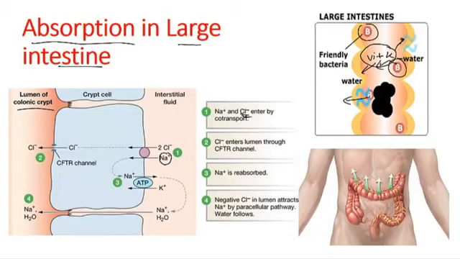Sodium is reabsorbed, and as they start to build up a lot of sodium and potassium inside the cell, it will automatically allow the water to flow back to balance the osmotic pressure. That's the whole idea of the absorption there. It's not a primary means of absorbing water, but as a lot of sodium and chloride is being absorbed to balance the concentration of the ions, water flows by osmosis. That in a sense is the absorption process that takes place in the large intestine.